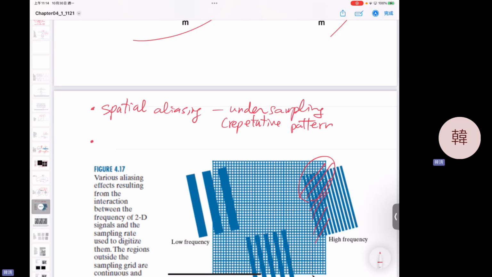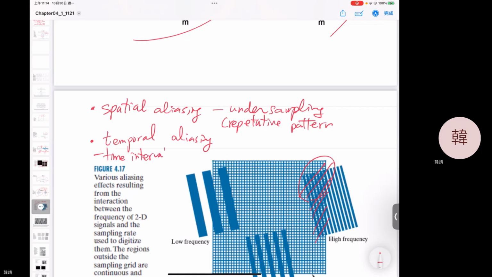Okay, so the second we call temporal aliasing. It's a time interval between images of a sequence, a dynamic image.